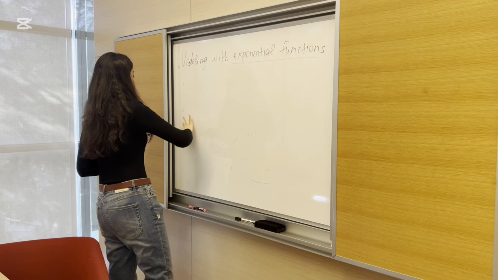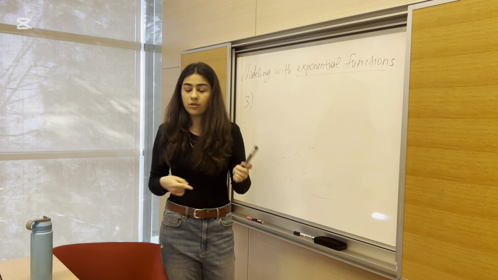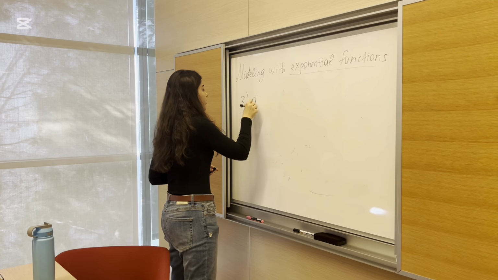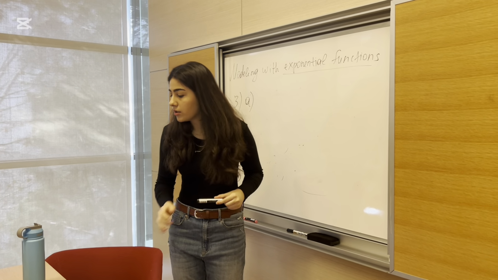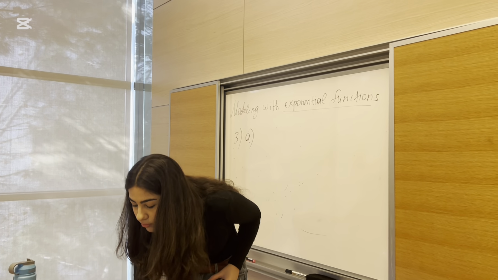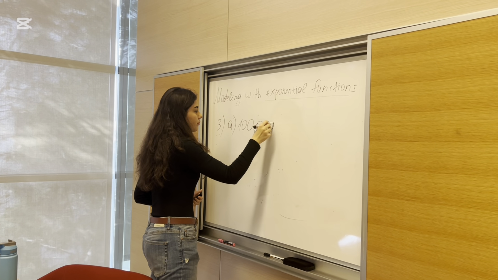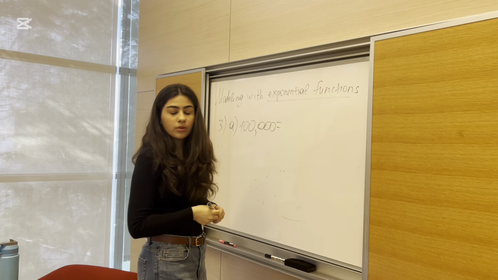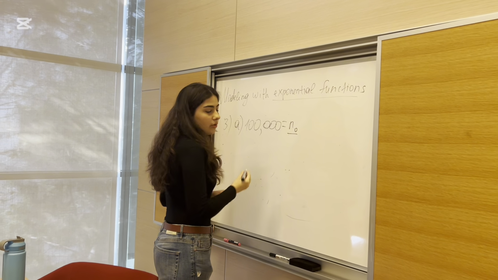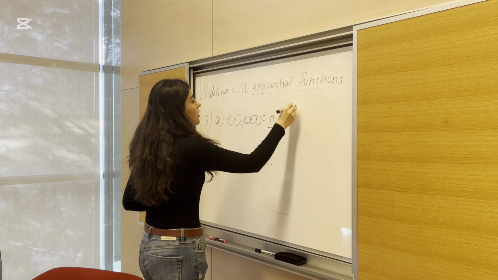We need to find the initial size of the squirrel population using the model. So we write 100,000 is equal to the initial size, which we need to find, multiplied by 2 to the power of 30 divided by 6.